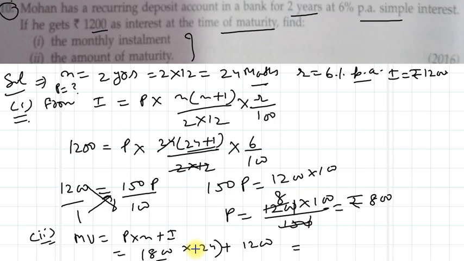So 24 8s are, this is bracket, 24 8s are 192, 19200 plus 1200. So this is our maturity value, 20400, right students? So let us move on to the next question.